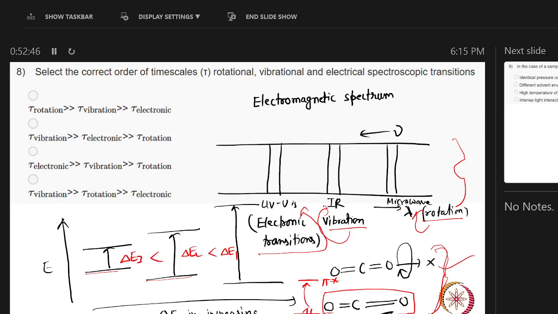And we saw in the previous slide as well, this delta E is inversely related to time scale, correct? So T3 will be greater than T2, greater than T1, correct? So the correct option is the first option.